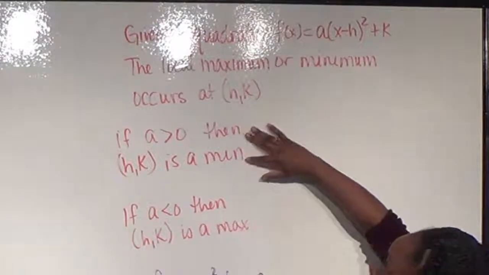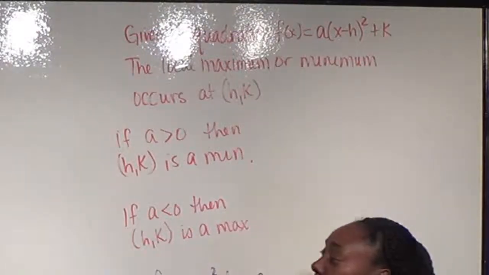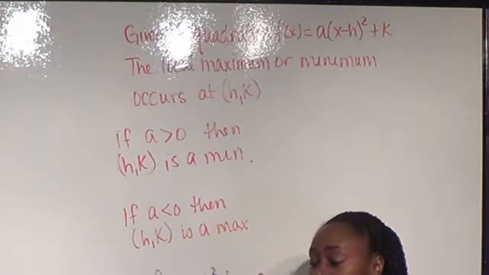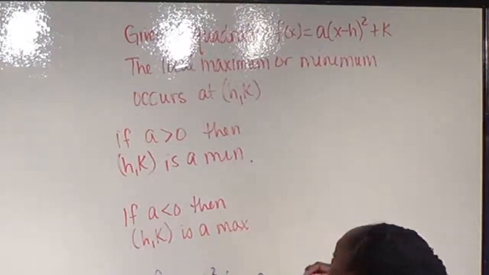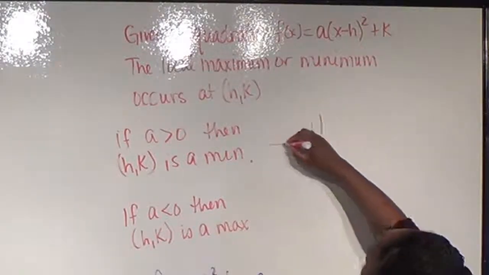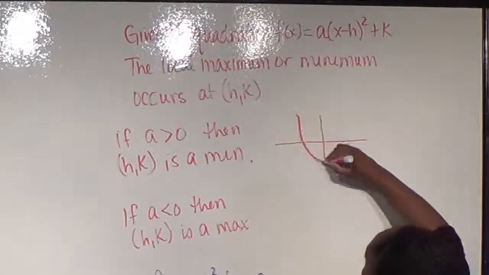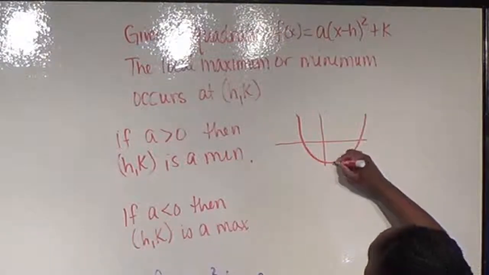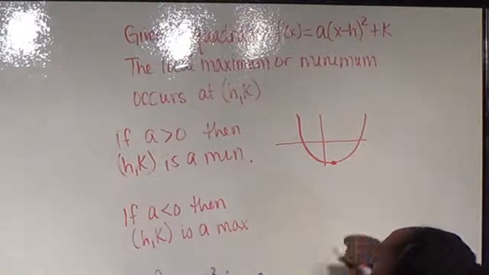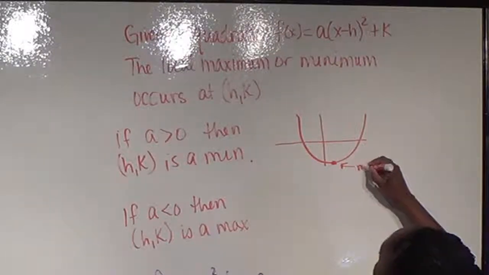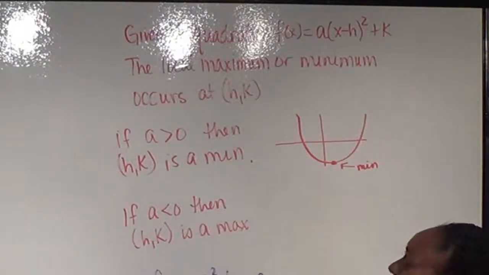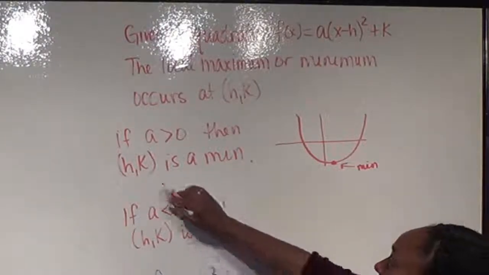So for a minimum, it means that in some interval, it is the smallest point on the graph. And so in this case, if I'm looking at my parabola that's opening upward, then we can say that this is the local minimum. And again, that just happens to be the vertex.